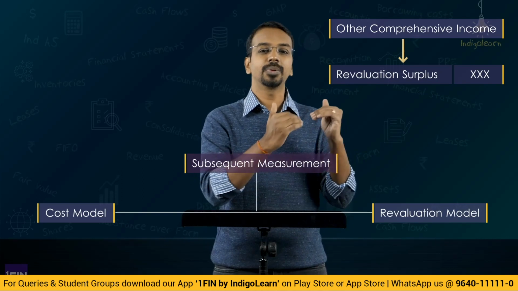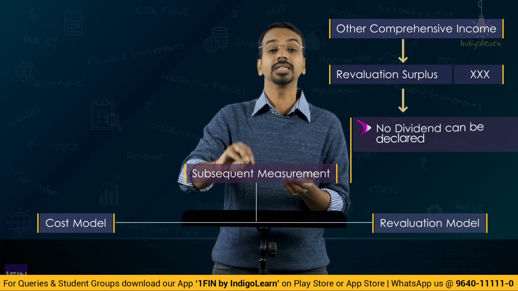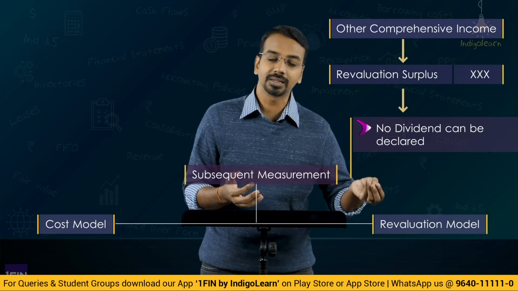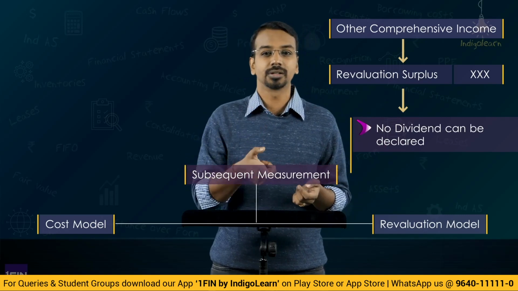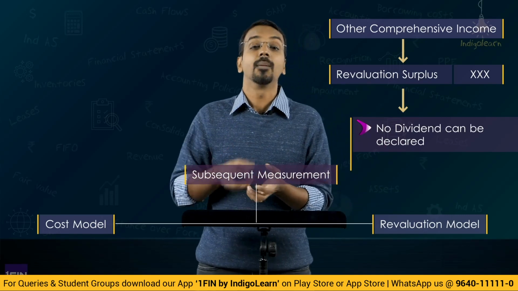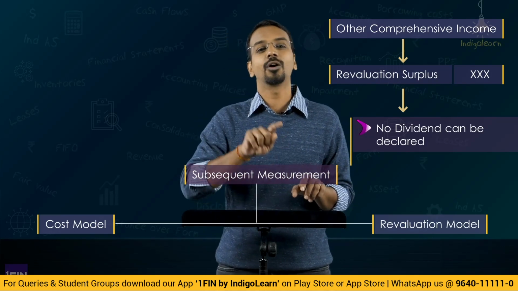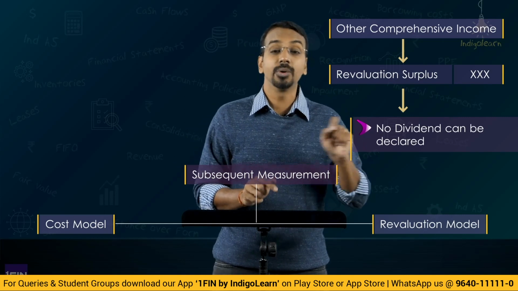And the reason why we keep it separately under revaluation surplus is we cannot pay dividend out of this surplus. See, you have just increased the value of the asset. You increase the value of an asset from 20 lakhs to 1 crore. Now that 80 lakhs of revaluation surplus is a kind of gain, but that gain is not yet realized and you should not be allowed to pay dividend out of that gain, and hence we show it under revaluation surplus under other comprehensive income.